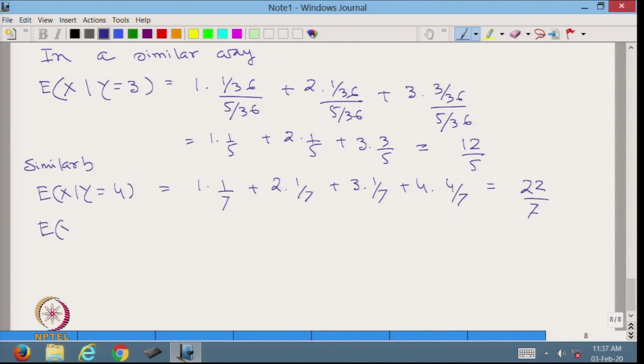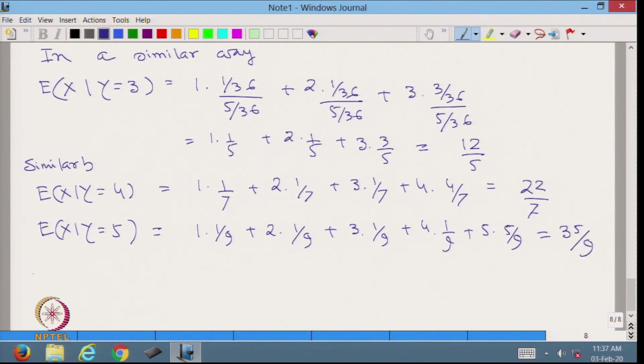Expected value of x given y is equal to 5 is equal to 1 into 1 by 9 plus 2 into 1 by 9 plus 3 into 1 by 9 plus 4 into 1 by 9 plus 5 into 5 by 9, which is equal to 35 by 9.